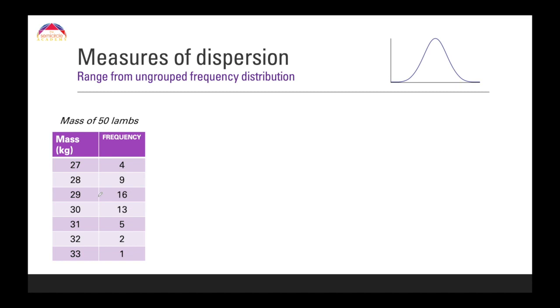Now, when we're dealing with a frequency distribution, how do we calculate the range? Well, with a frequency distribution, we actually have to look at the boundaries. We're looking at this 27 here being the smallest number, and this 33 here being the largest number.